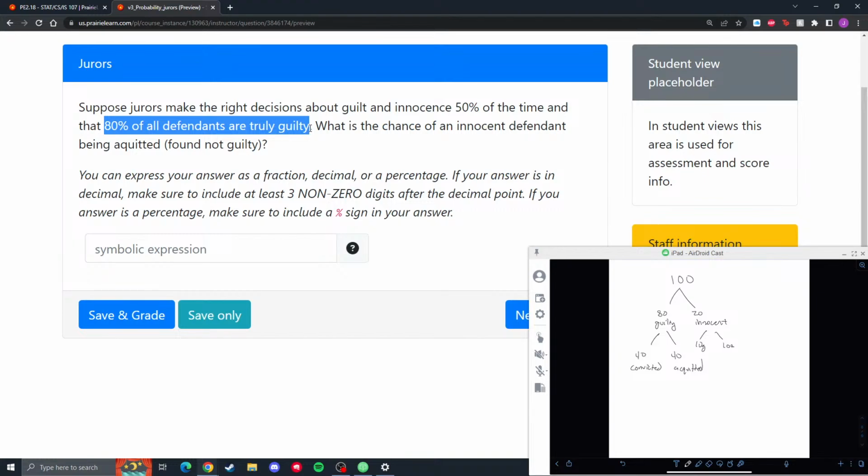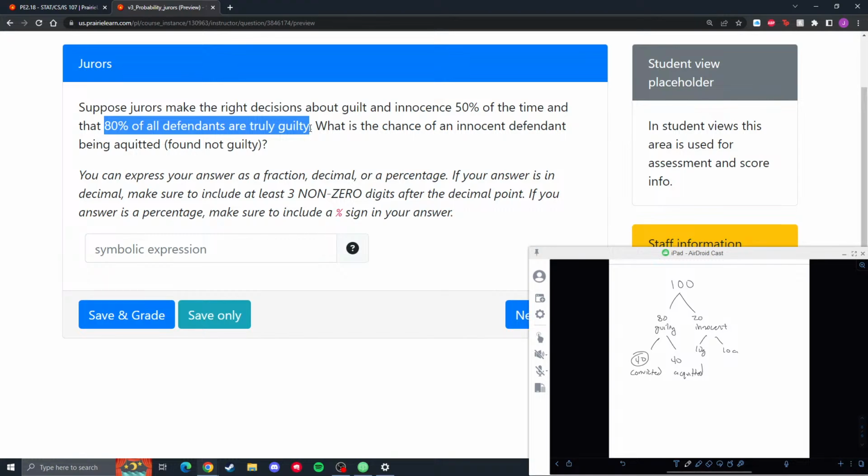So we're looking for the chance of an innocent defendant being acquitted. We have 10 innocents acquitted out of 20 total innocent people, so it's a 50% chance. For the tree version, you want to get down to the leaf level, just working your way down.